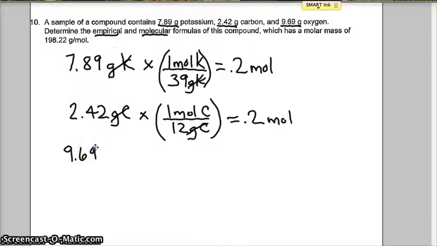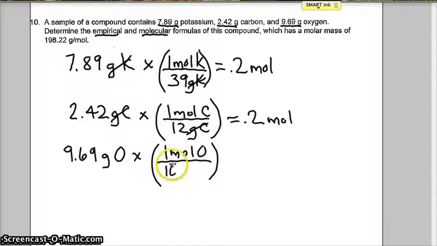So lastly, we have 9.69 grams of oxygen. And we would multiply that by the 1 mole of oxygen over 16 grams of oxygen. So 9.69 divided by 16 gives you 0.6 moles, and that's of oxygen.